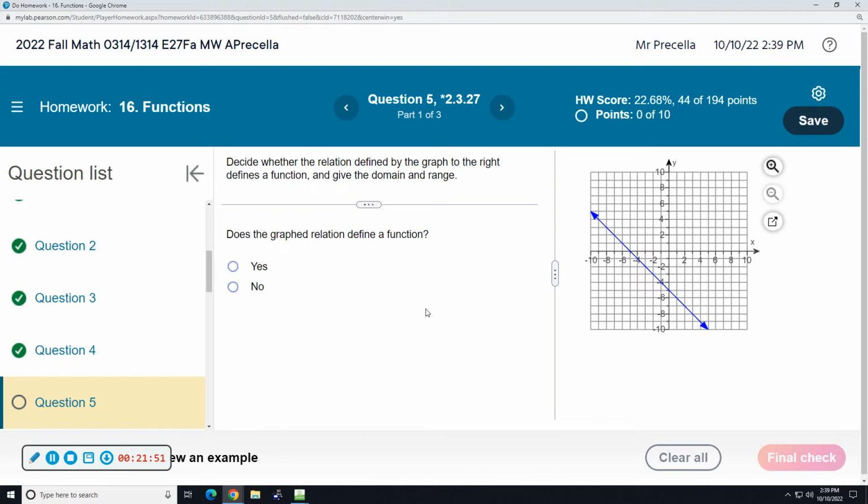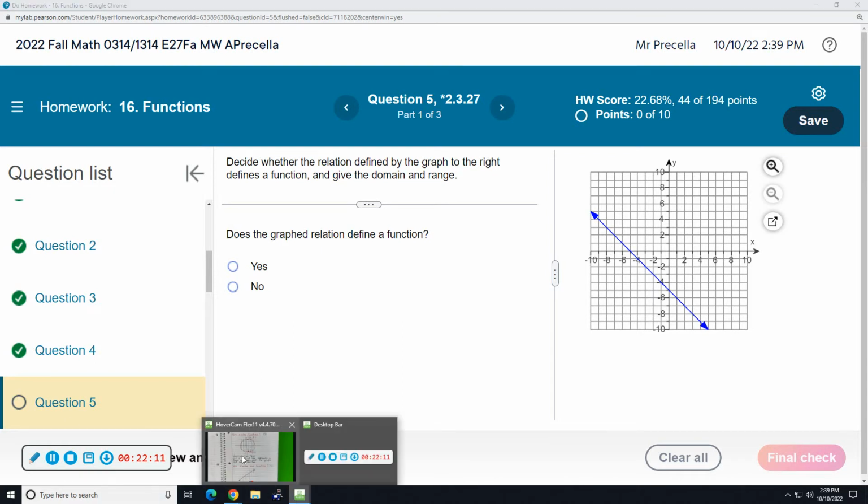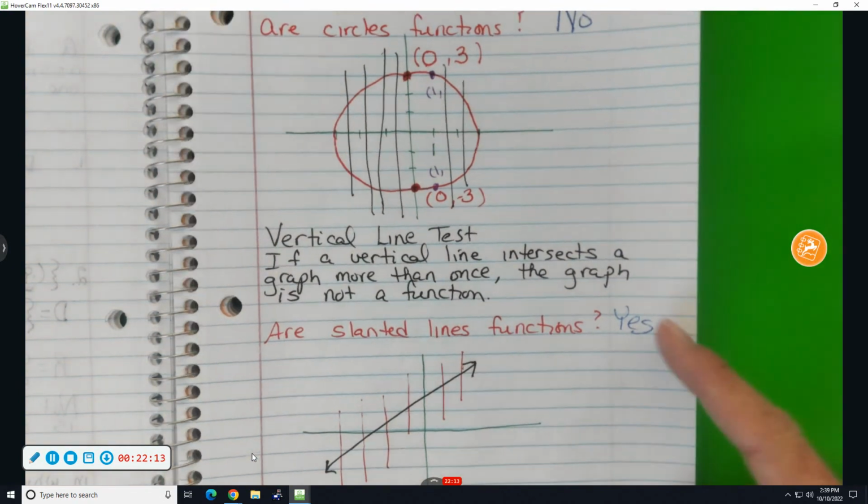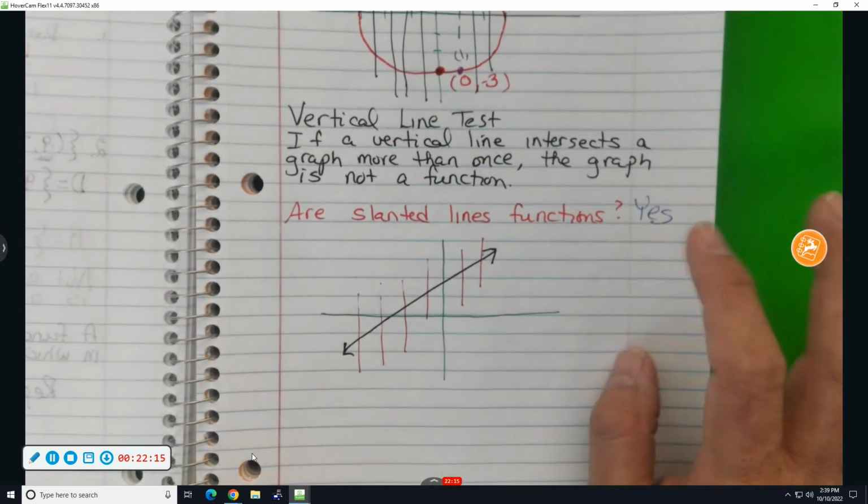Okay. Number 5. I think we've sort of already answered the is this a function? What sort of figure is this? Is it a circle? It's a slanted line. What did we say about slanted lines? Are slanted lines functions?